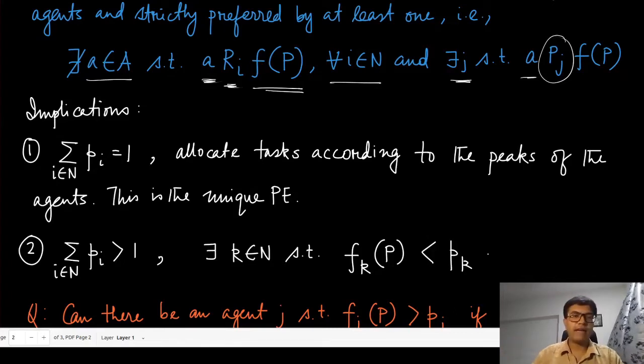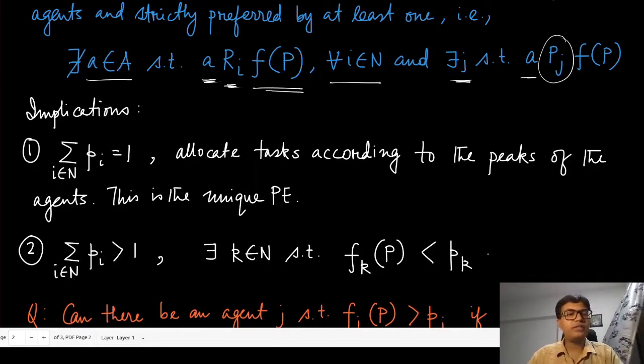If that happens to be equal to 1, then the allocation problem is very simple. One can give each of these agents their favorite share of this task, which is P_i, and that will be uniquely Pareto efficient because nobody would like to change that. Anything more or less will be less preferred by them.